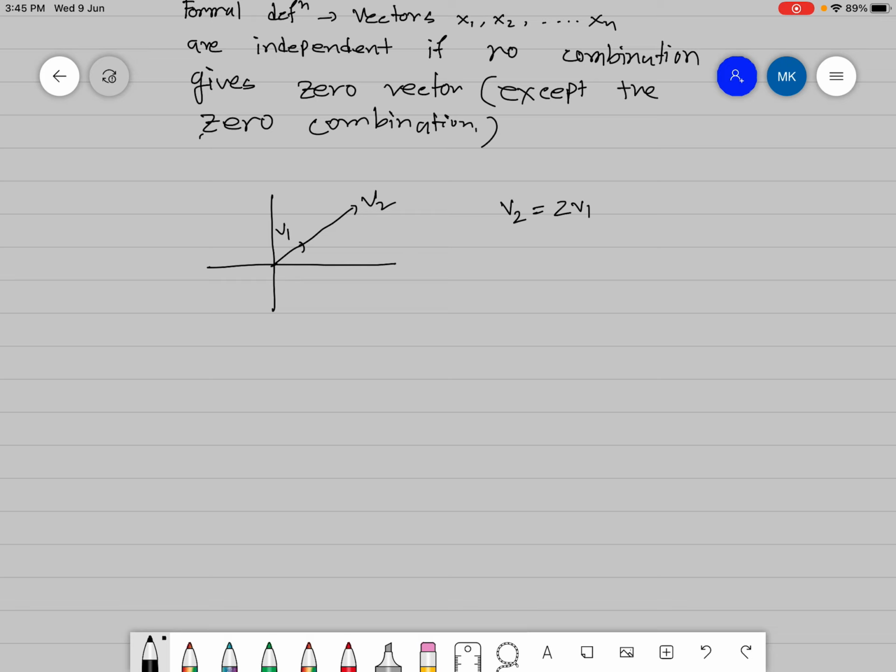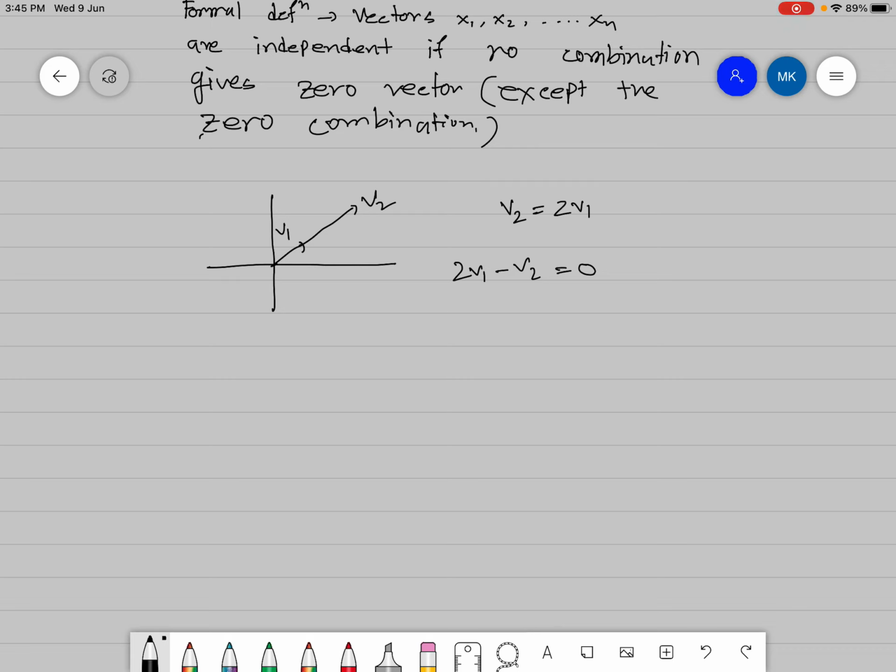So from here we can say that 2v1 minus v2 is equal to 0. So in this case v2 is dependent on v1, or they are dependent on each other, they are not independent. Okay, they are not independent vectors.